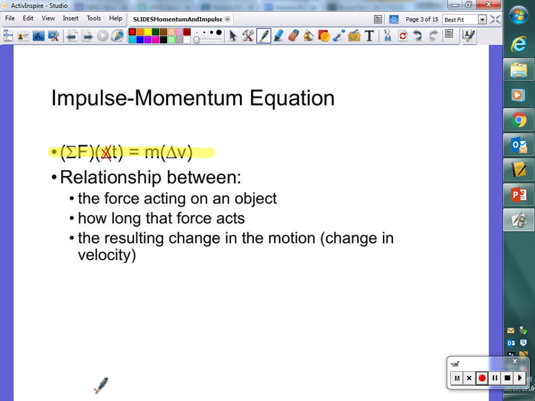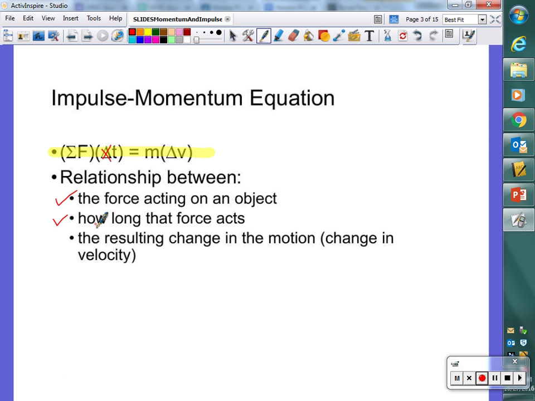And as you can see, the impulse momentum equation relates for us how much force we have acting on that object, but then how long does that force act on the object? That's the key factor that we're going to explore a little bit more today.